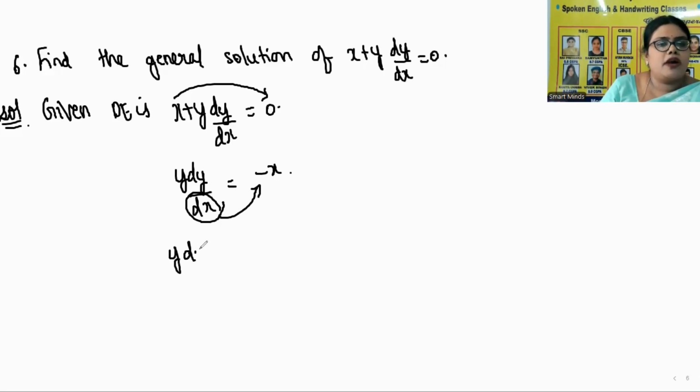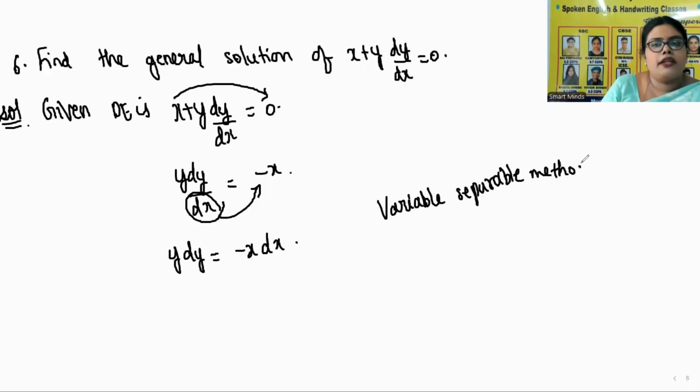So it will become y dy is equal to minus x dx. Now you see I have separated all y terms and all x terms. This method is called variable separable method. That is, we are separating the variables, all y terms on the left hand side, all x terms on the right hand side.